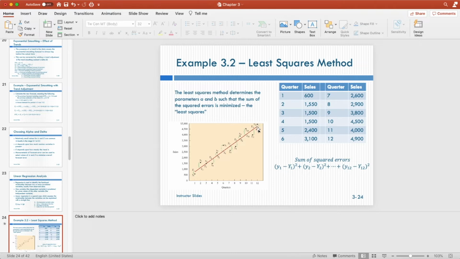You cannot plot a straight line that covers all of the data points in this plot. That's why, as long as this straight line is close to every dot, that's already good enough.